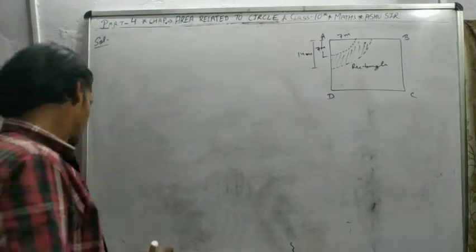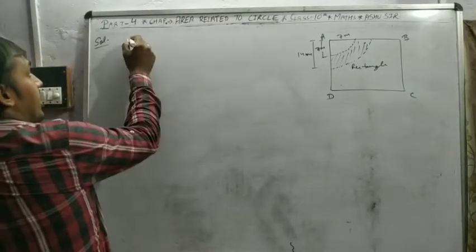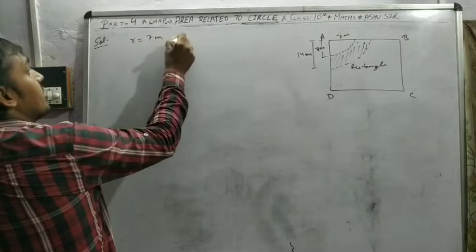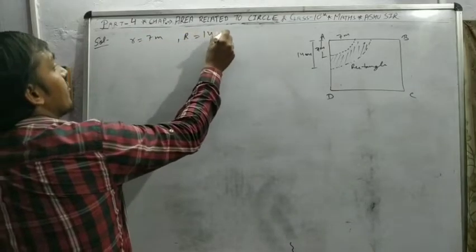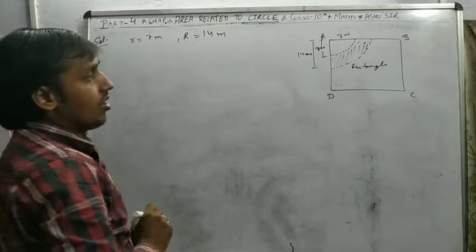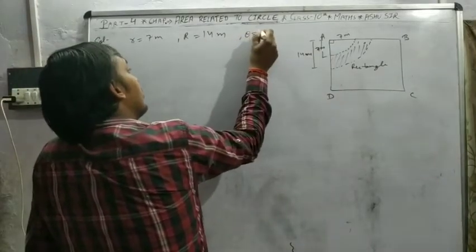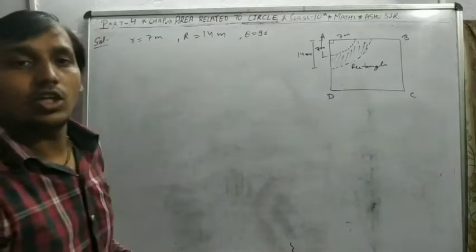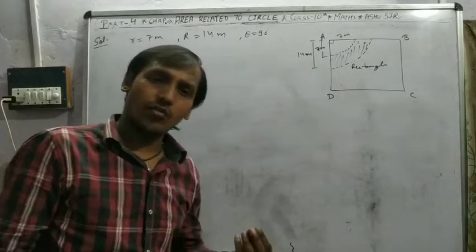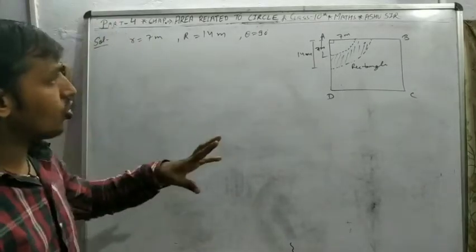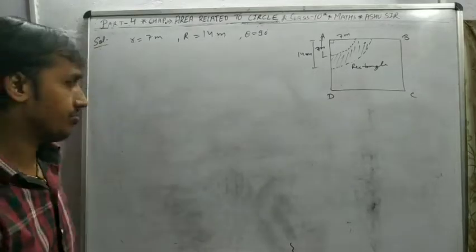So the small radius is 7 meters, the big radius is 14 meters, and the angle is 90 degrees. If theta is 90, you can directly use the area of a quadrant. If you do not use the quadrant, you have to use the sector.